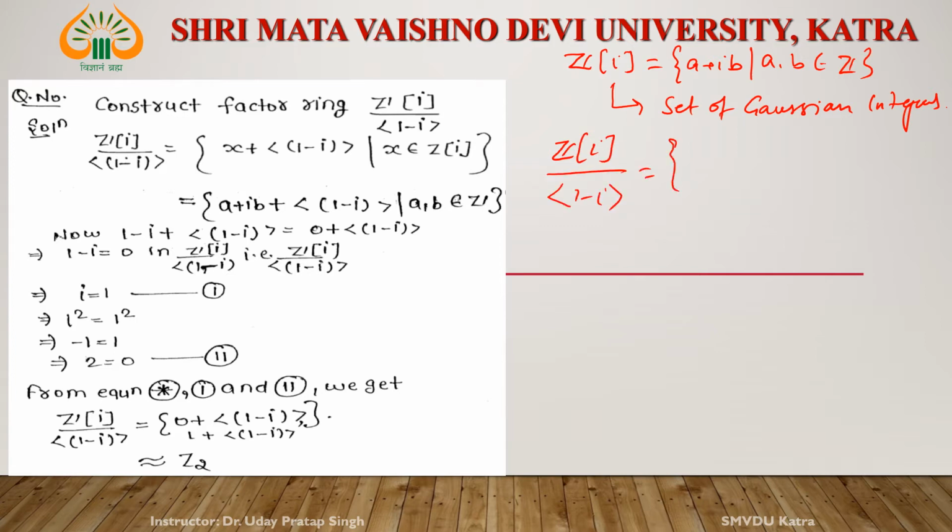These are of the form a plus bi plus the ideal (1 minus i).